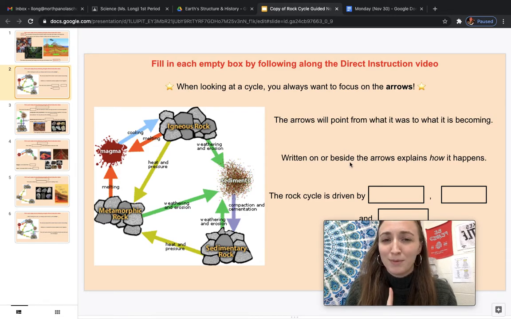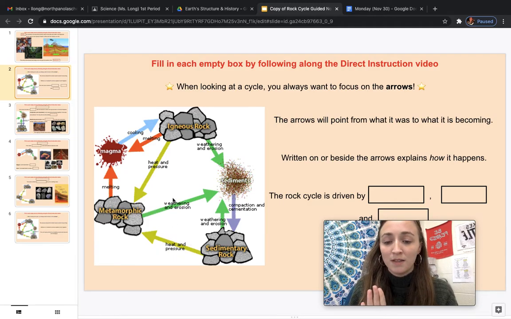Also, and this is probably the most important part, written on or beside the arrows is going to explain how that item is becoming another item. So if we look at the sedimentary rock, we have the arrow pointing to the metamorphic, so it's becoming metamorphic, but on that arrow it says heat and pressure. So we know that the sedimentary rock is becoming the metamorphic rock by heat and pressure.